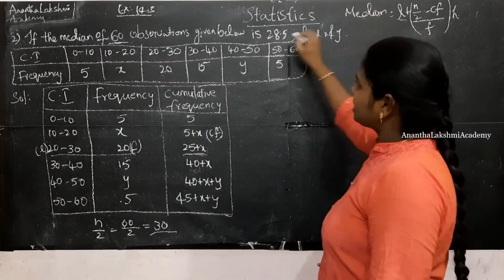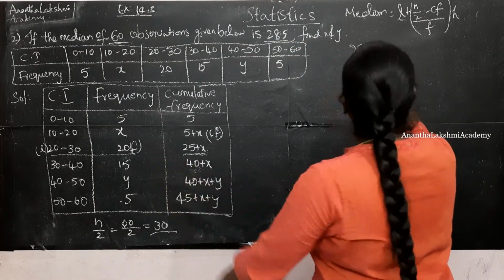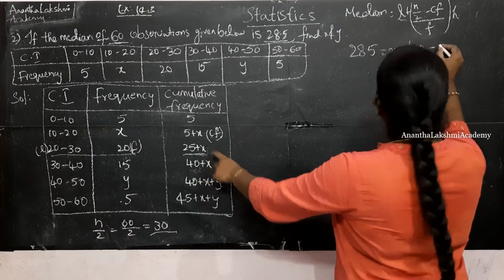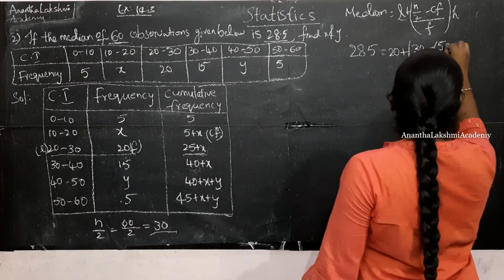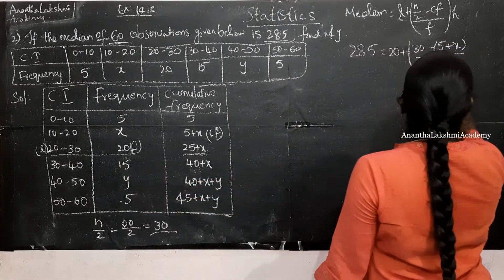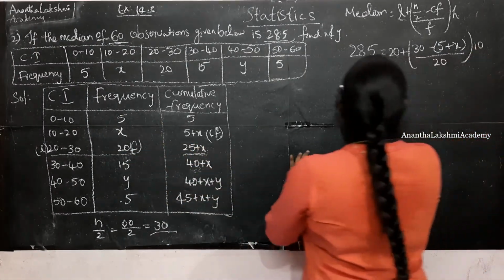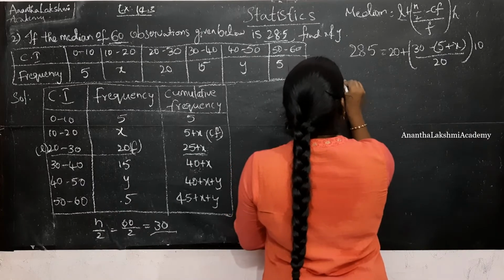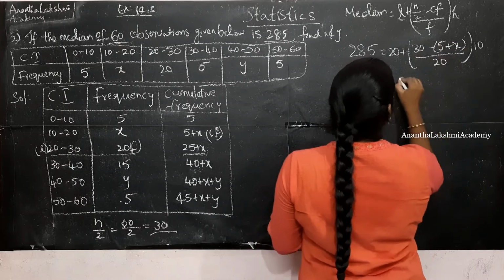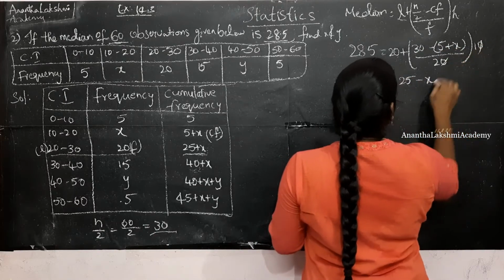Median is given to us as 28.5, is equal to, what is L? 20, plus n by 2 is 30, minus cumulative frequency 5 plus X, by frequency 20, into class interval size 10. So this is going to be 28.5 is equal to 20 plus (30 minus 5 minus X) by 2.